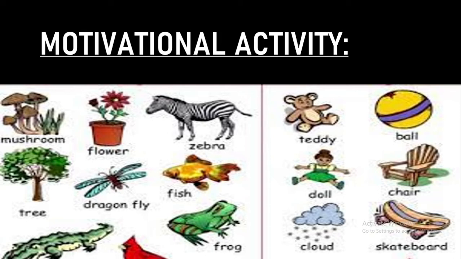How do you think living things are different from non-living things? We know that something is a living thing when it can carry out life processes, namely nutrition, movement, growth, sensitivity, respiration, excretion, and reproduction. And a non-living thing can't carry out all of these life processes.